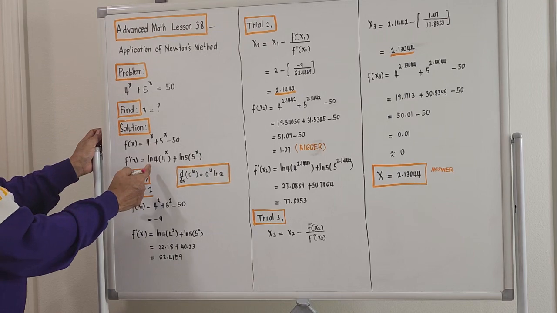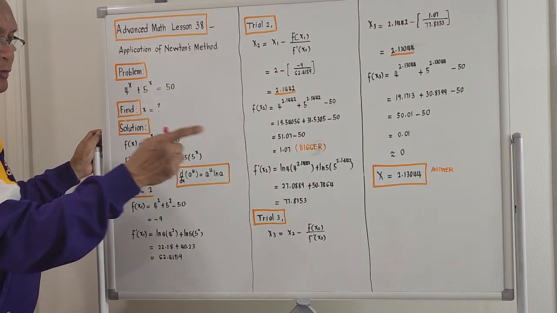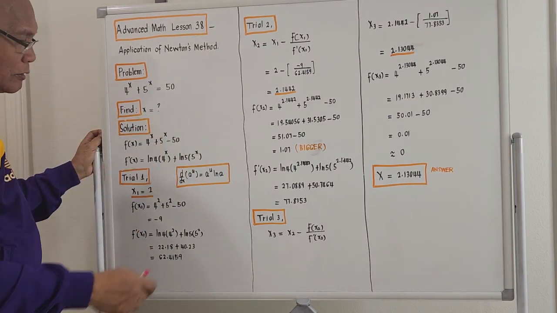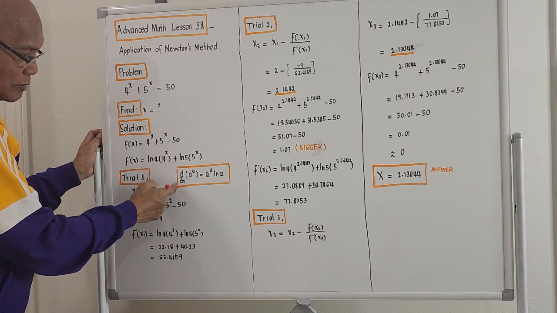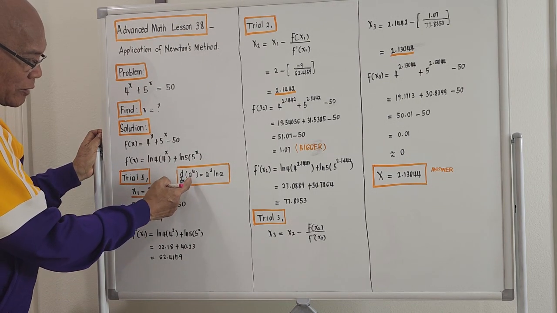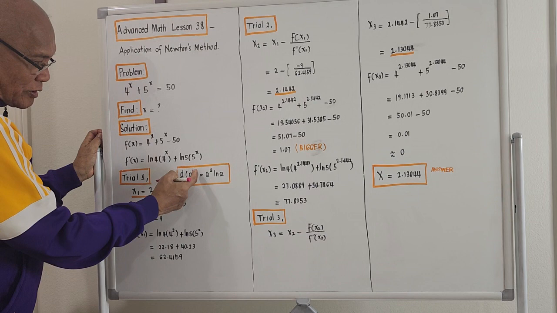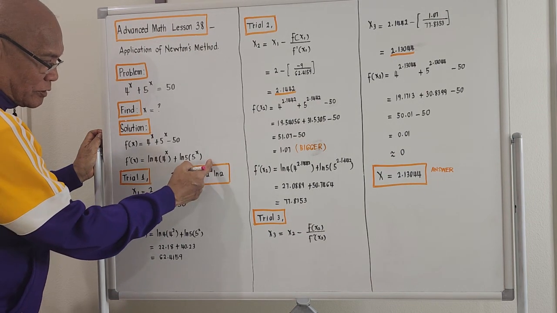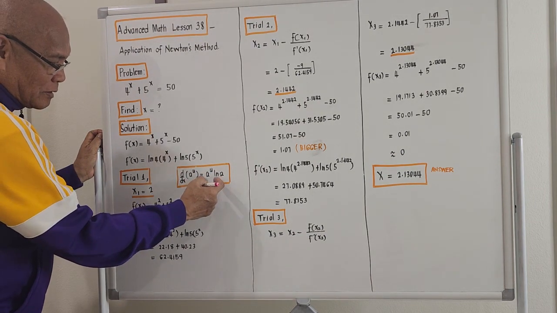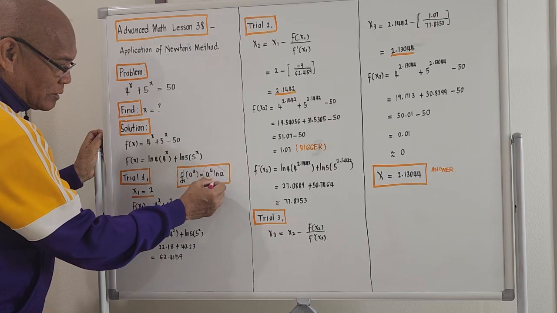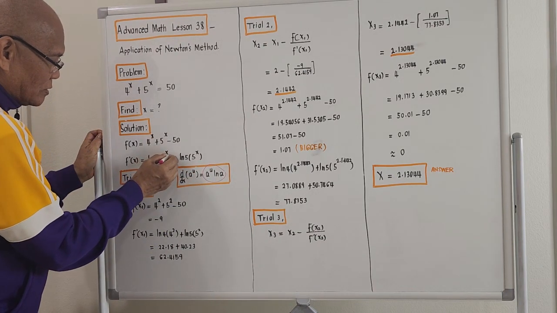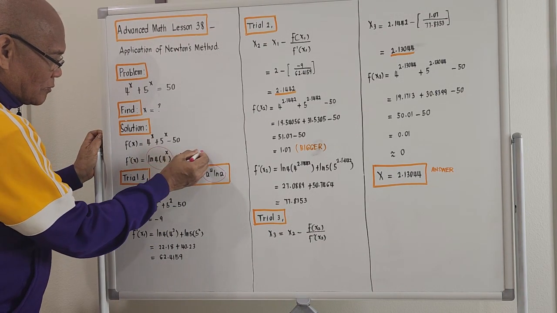Where did I get this? It is one of the formulas under differential calculus. The derivative with respect to x of any constant a raised to a variable u is a to the u times the natural logarithm of a. So this one is similar to this, and similar to this.